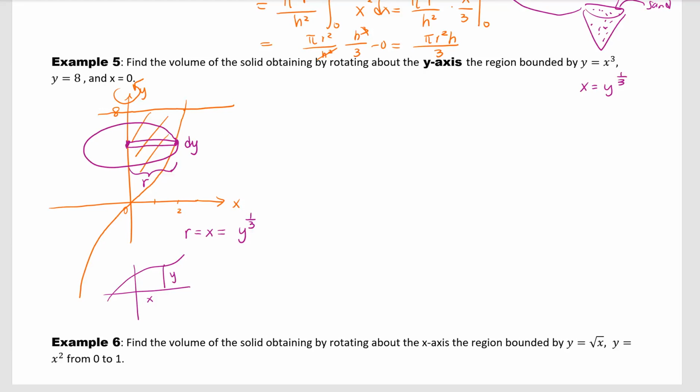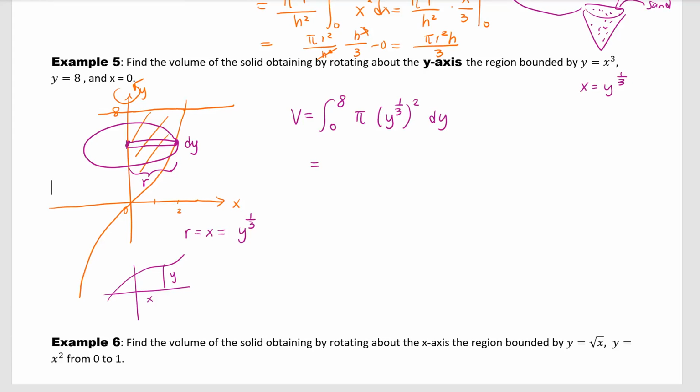All right, let's continue. So my volume is, y goes from 0 to 8, and then we have pi r squared, so r is y to the 1/3, squared, dy. So far, so good, everybody?